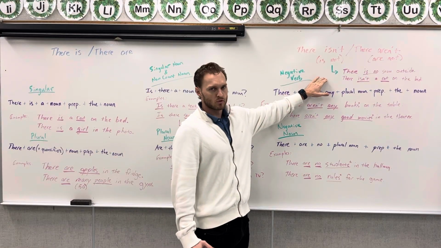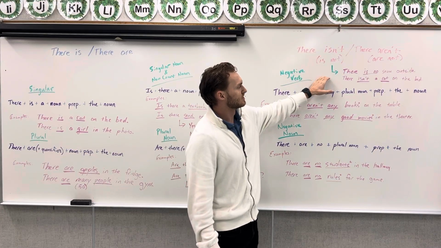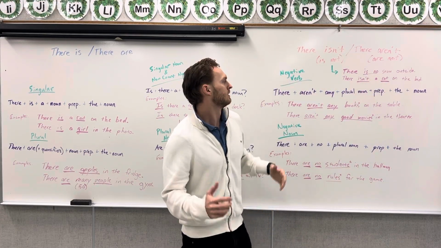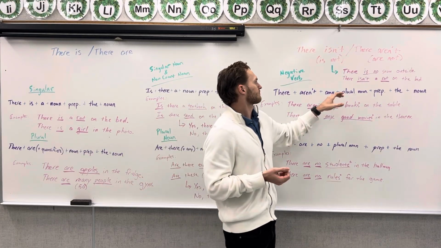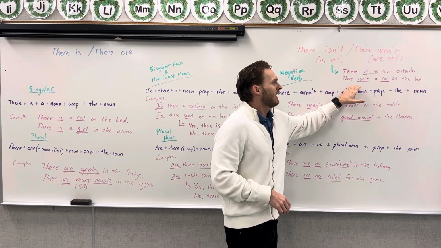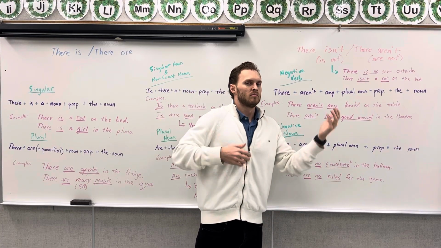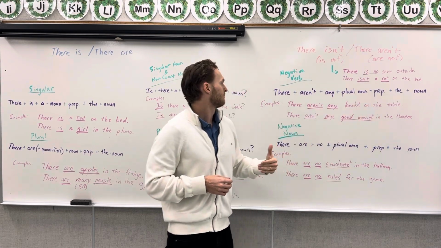There are some times when we use isn't. So for example, there is no snow outside. Snow is not something that we would count as plural. That's what we say would be singular. And then there isn't a cat on the bed. So like before, there is a cat on the bed, there isn't a cat on the bed, or there is not a cat on the bed.